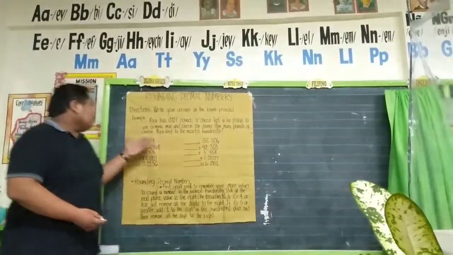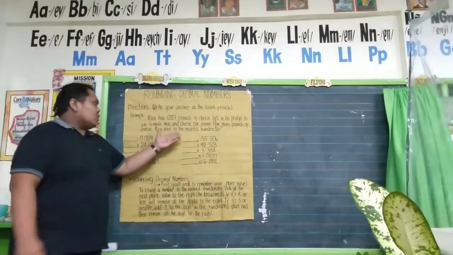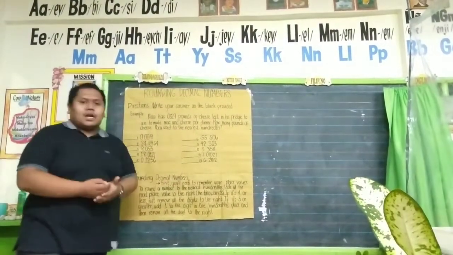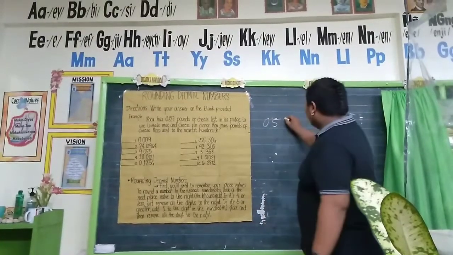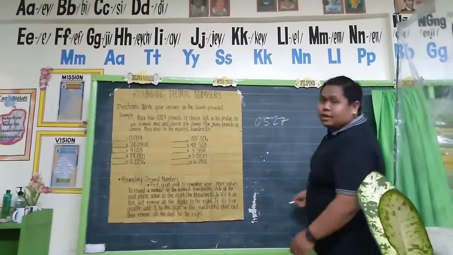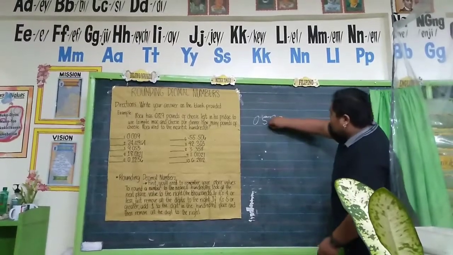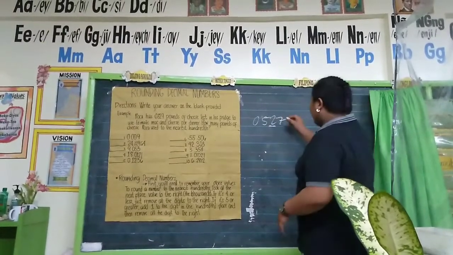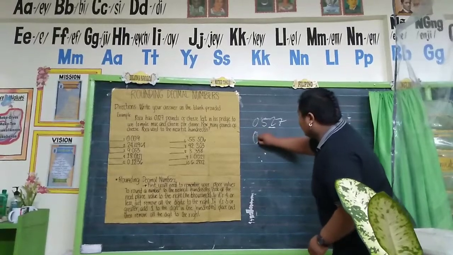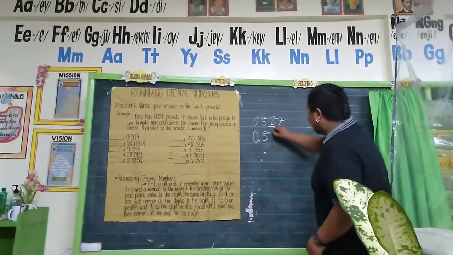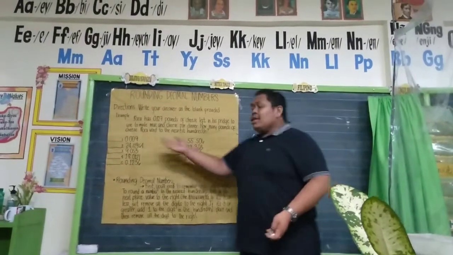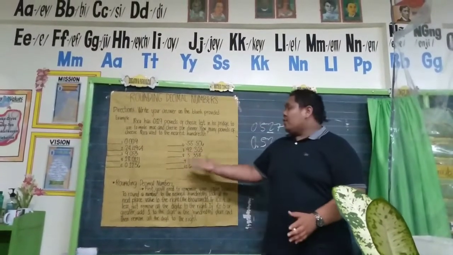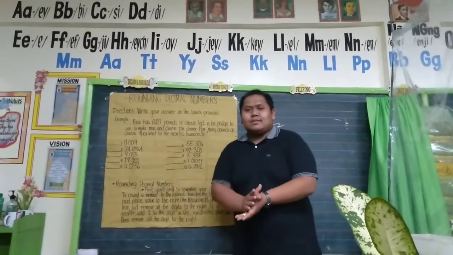How many pounds of cheese did Roca use, to the nearest hundredths? For this example, 0.527, the nearest hundredths digit is 2. So we round this off and the answer will be 0.53. I will only give you 10 minutes to finish this activity.